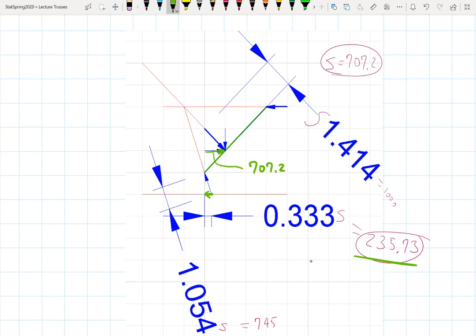So what happened to my, okay, so 235. It doesn't really matter what this value is for our problem. It does matter what the magnitude here is, which I got 735.